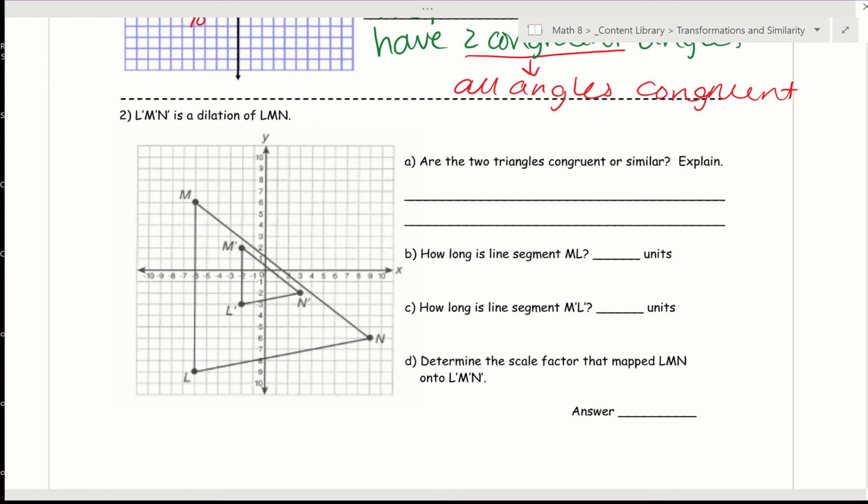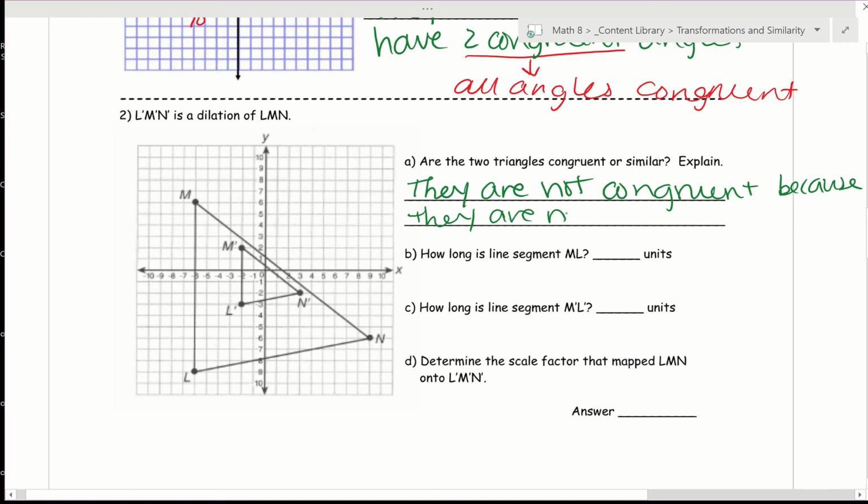So they're definitely not congruent, right? They are not congruent because they're not the same size. Let's see if they are similar.